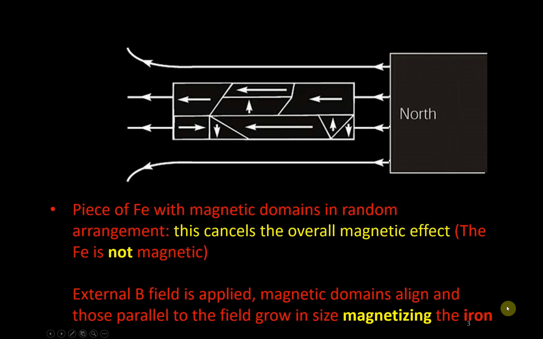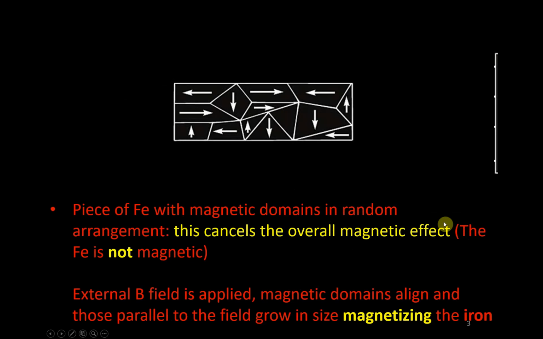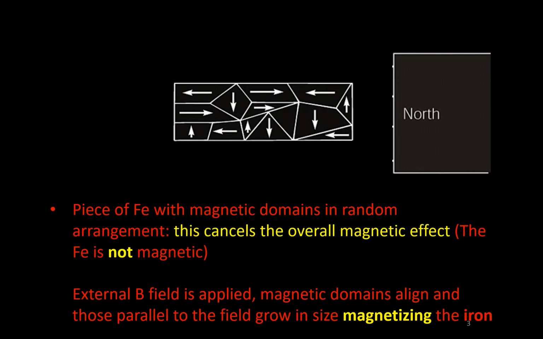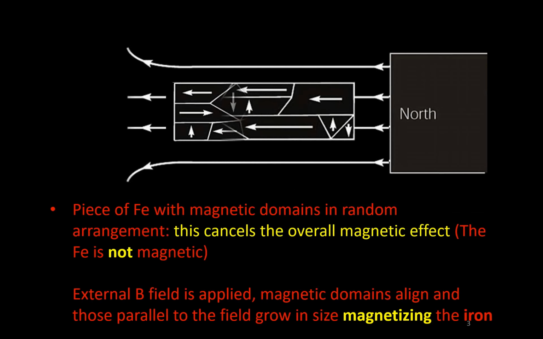The magnetic field will come out and curl round to the south. As you can see, what actually occurs is the particles will align, and this will result in the magnetization of the iron. So, in the presence of this magnet, this piece of iron becomes increasingly magnetized.